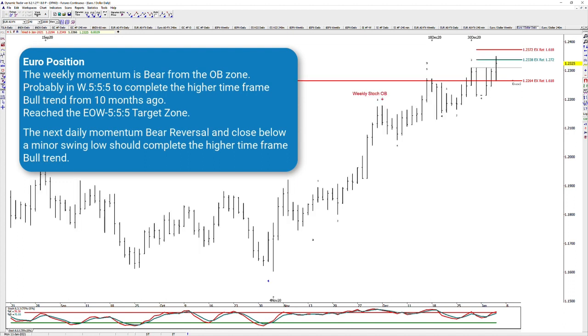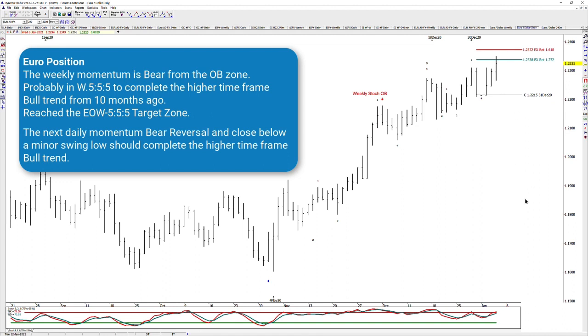Boy, this is when everything comes together. So we can do one of two things. Well, no, here would actually be the low. A close below the wave 4 or 5 of 5 closing low, bang. We've probably finished a 10-month bull trend.